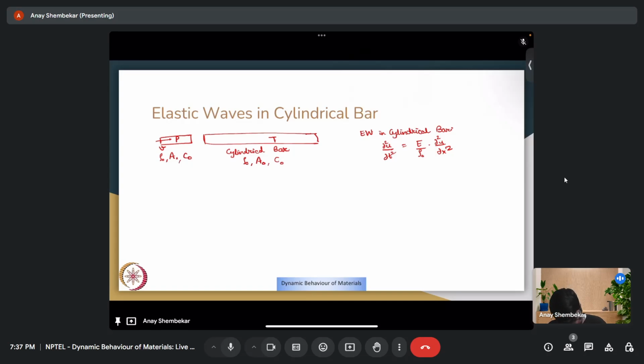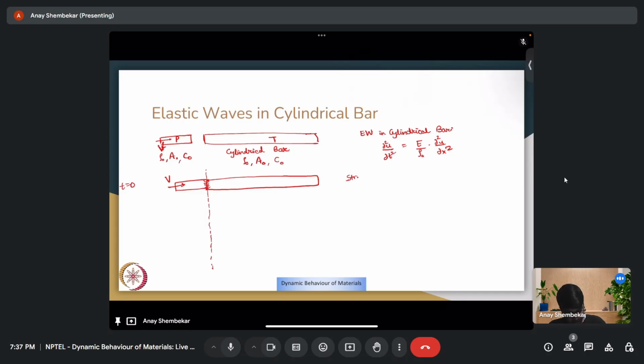What happens at t equal to 0? At t equal to 0, there is impact. Due to impact, there are some stresses generated at the interface in both the projectile as well as the target.